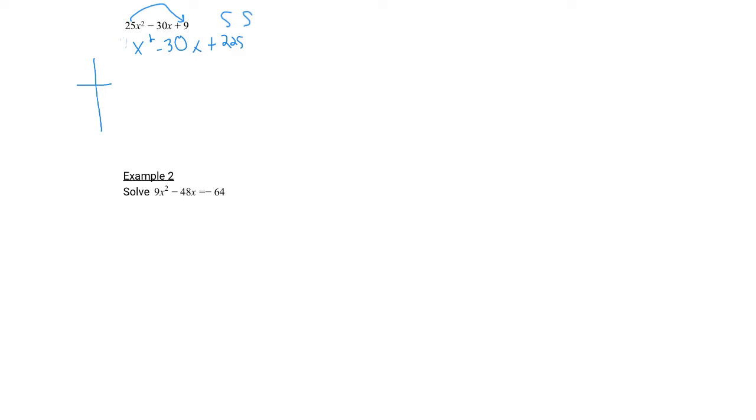A times C is 225. B is negative 30. That means both of our factors are going to be negative. Can't divide 225 by a whole lot yet but 1. So negative 1, negative 225. Can't divide by 2. I can do negative 3 and 75. Can't do 4.